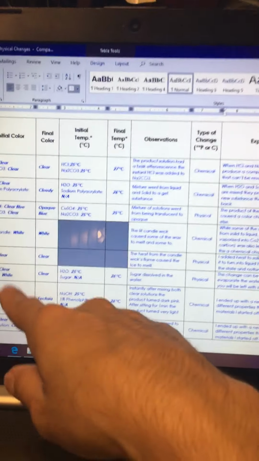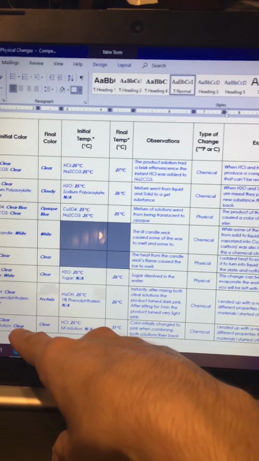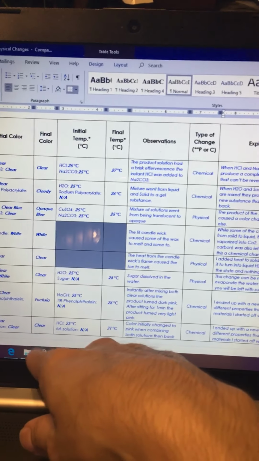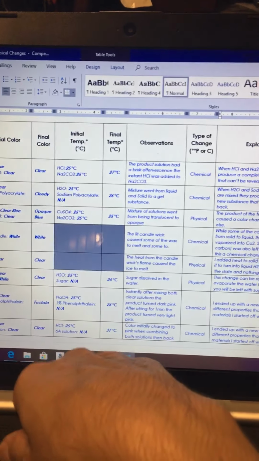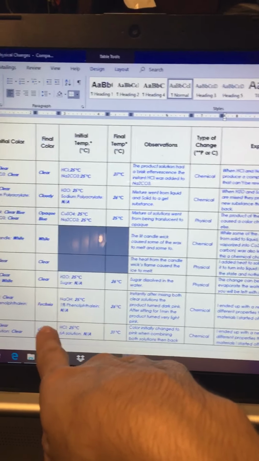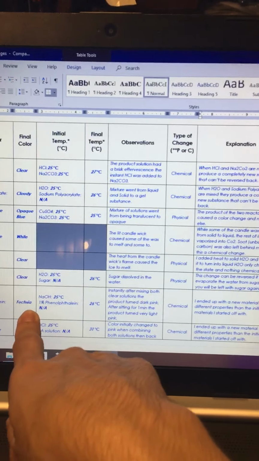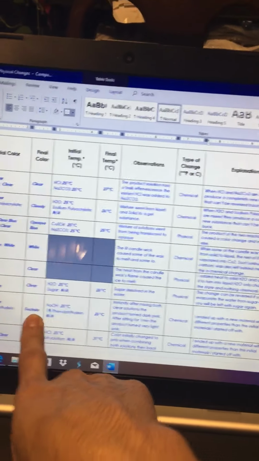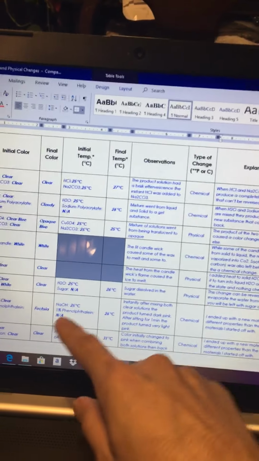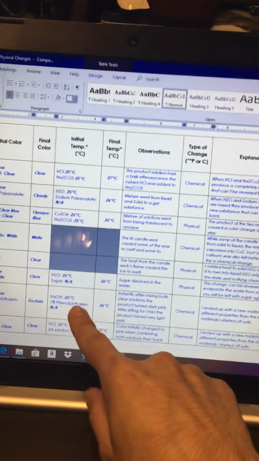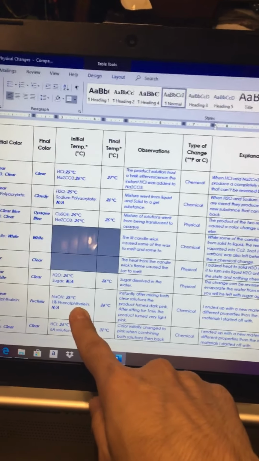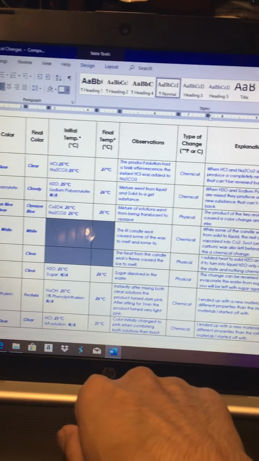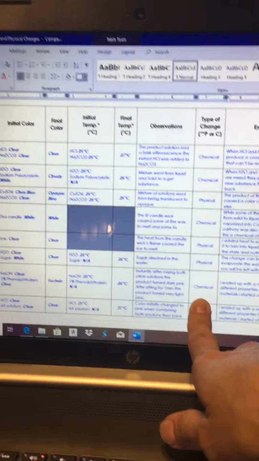For 6A, I mixed sodium hydroxide with phenolphthalein, and here are my initial colors for both solutions and my end product solution. This was immediately after mixing, to clarify, because after I observed it for a minute, it went back to clear. But here is my initial temperature and final temperature, right after I mixed them, and I put that this was a chemical change.